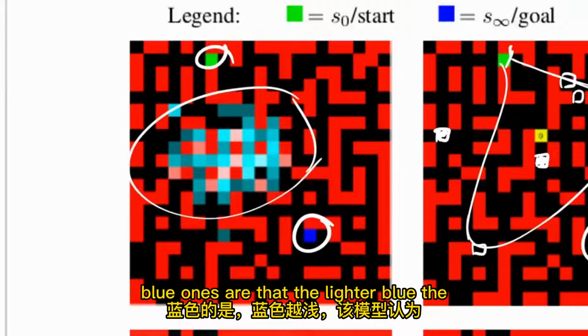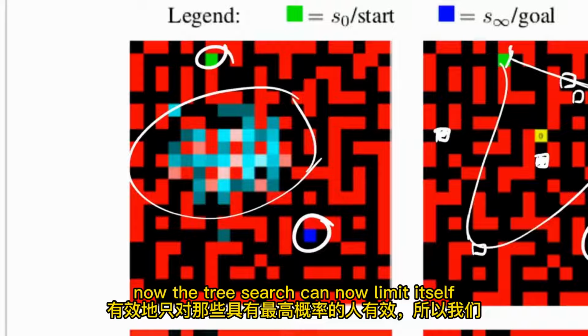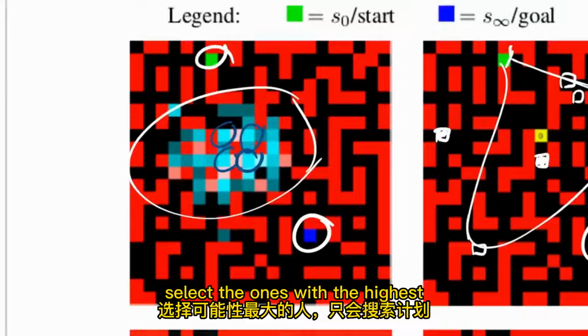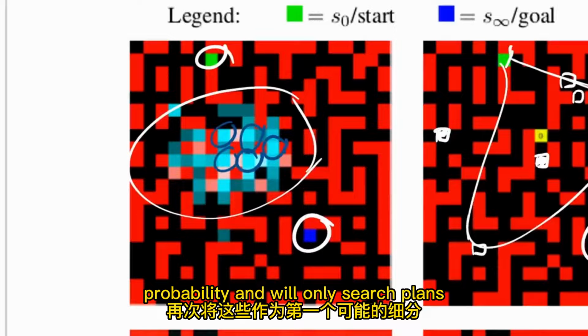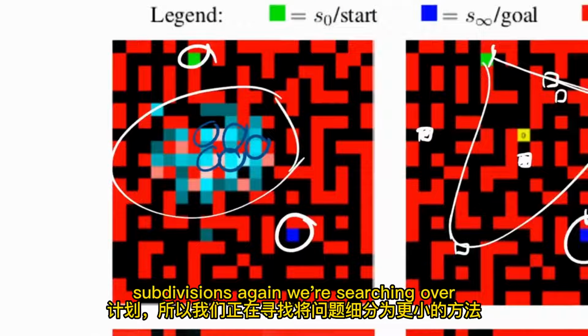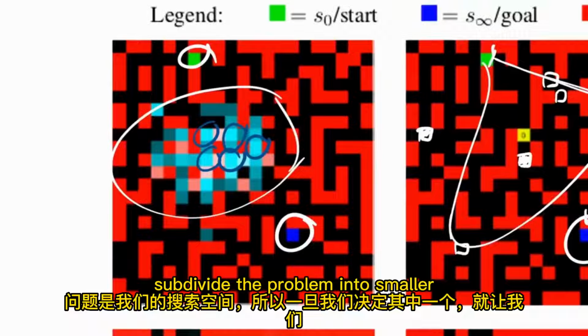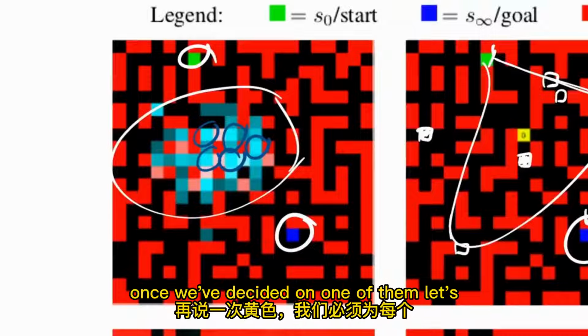And for these blue ones, the lighter the blue, the more probable this model thinks that this is going to be an in-between state. Now, the tree search can limit itself effectively to only the ones with the highest probability, right? So we select the ones with the highest probability, and we'll only search plans that have these as the first possible subdivisions. Again, we're searching over plans. So we're searching over ways to subdivide the problem into smaller problems. That is our search space.